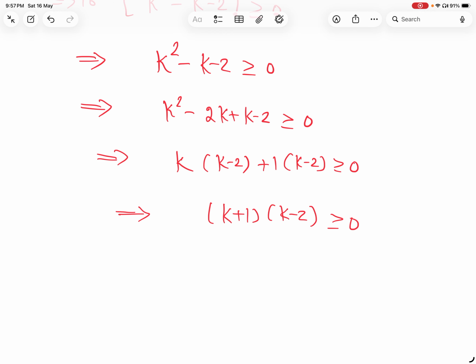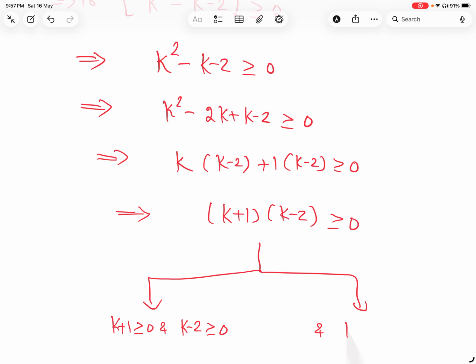When is this possible? There will be two cases. If k plus 1 is non-negative and k minus 2 is also non-negative. And the second case: k plus 1 is less than 0 and k minus 2 is also less than 0. Then it is possible.